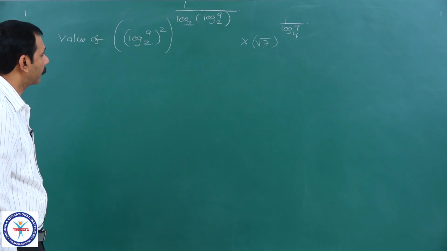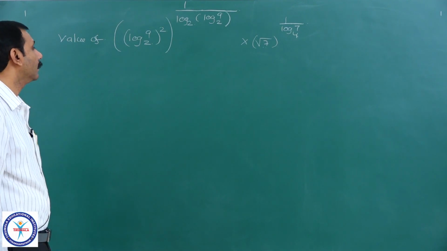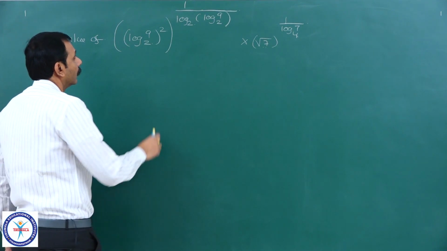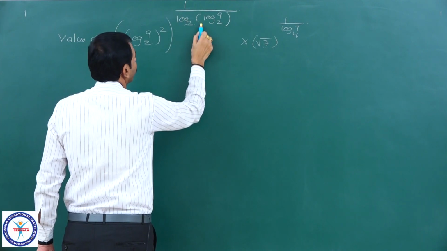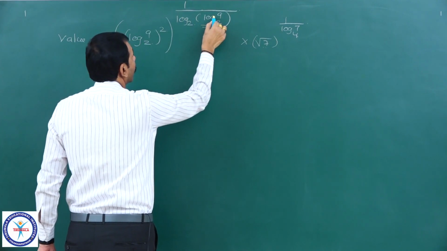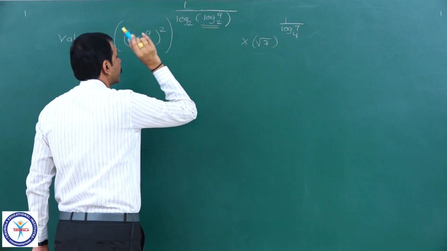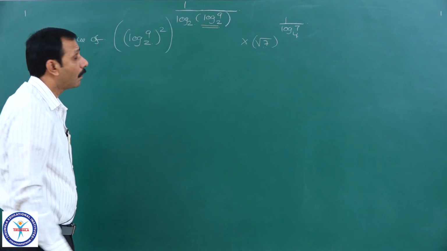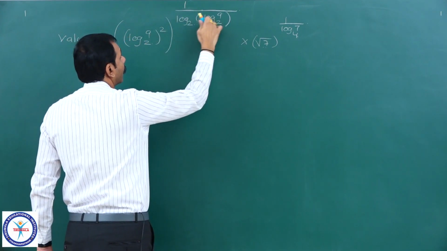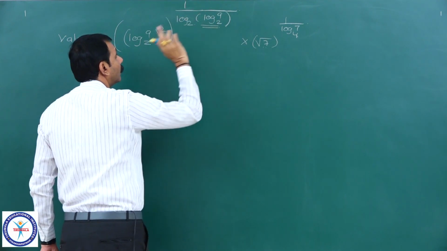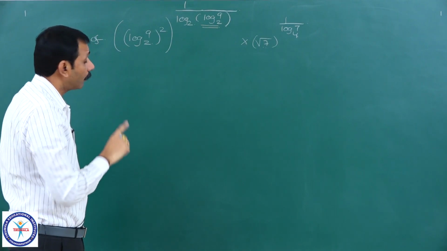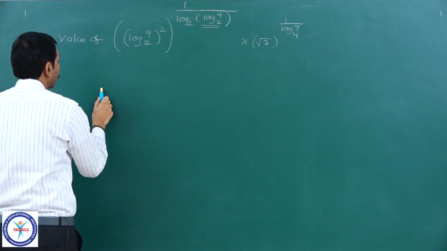Observe this. What will I do here? For this logarithm, it is the number like log a to the base b. 1 by log a to the base b can be written as log b to the base a. Therefore, I will do that.